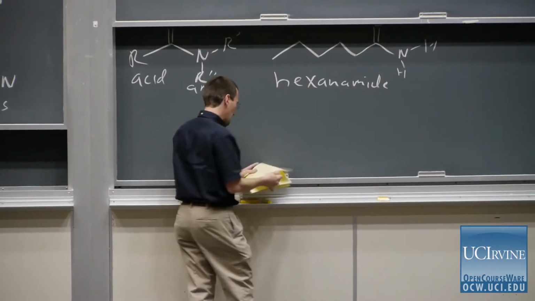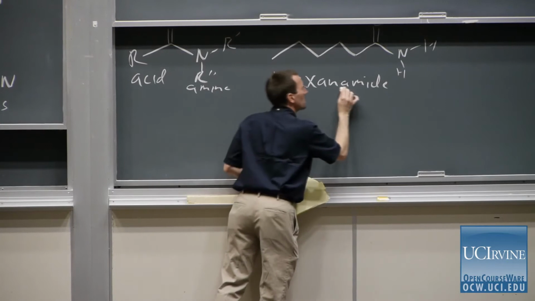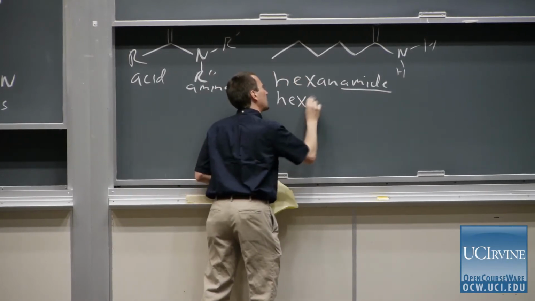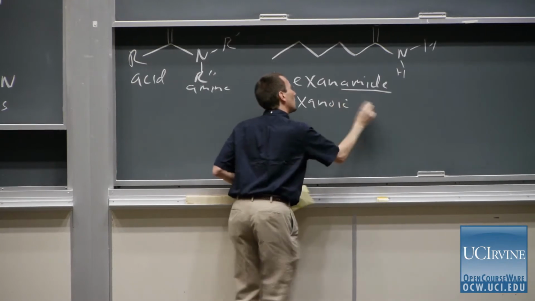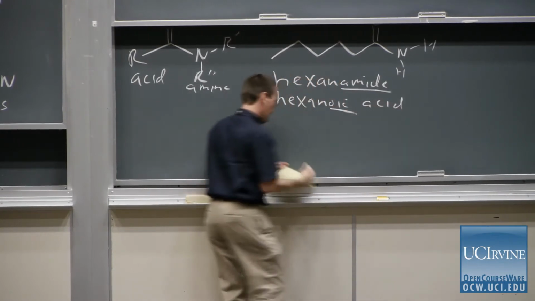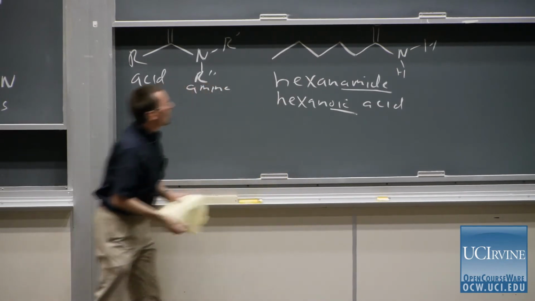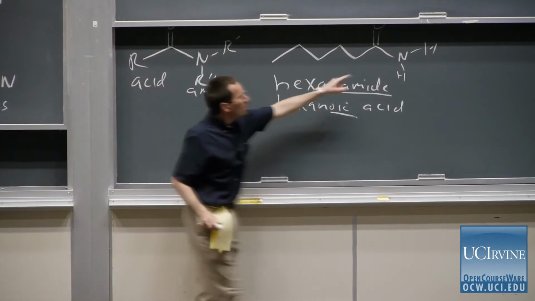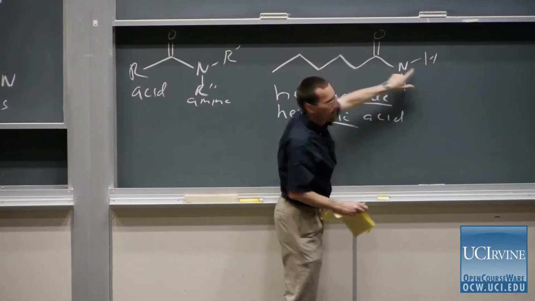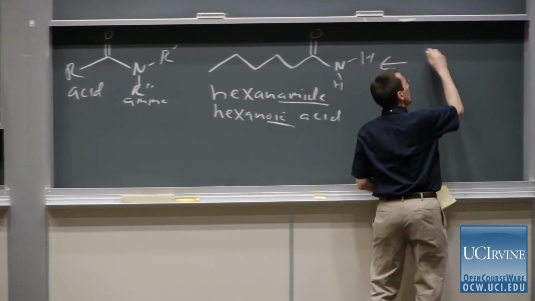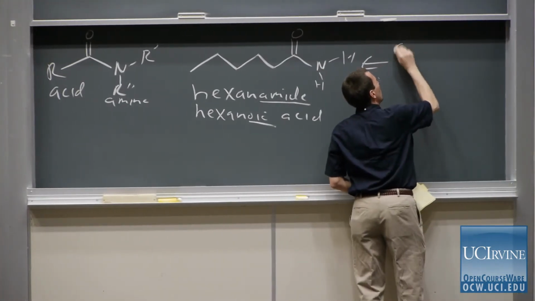And you can just think of this as basically putting amide on the end, so it's derived from hexanoic acid. So we call this a primary amide, because it's derived from ammonia, because there are two hydrogens on the nitrogen.